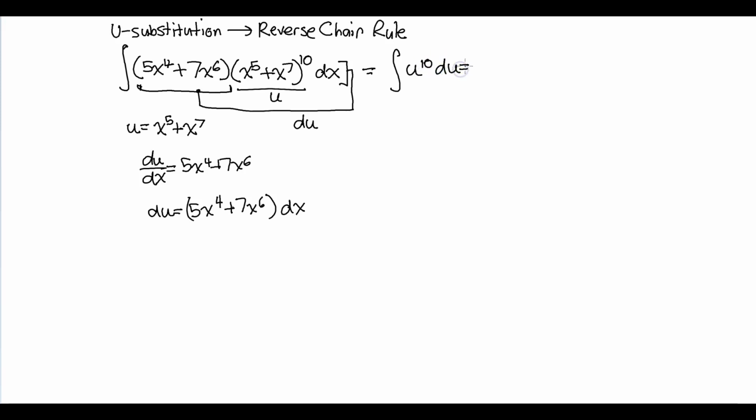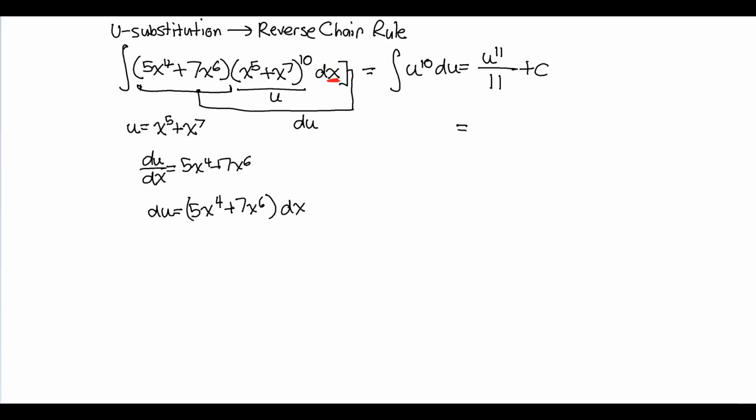And now this is a much simpler integral to evaluate. Okay, because we can basically use our reverse power rule. U to the 11 over 11. But remember, we have to put plus c, okay? But remember, we have to change u back to x, since our original integral was an integral with respect to x, our integration variable was x.